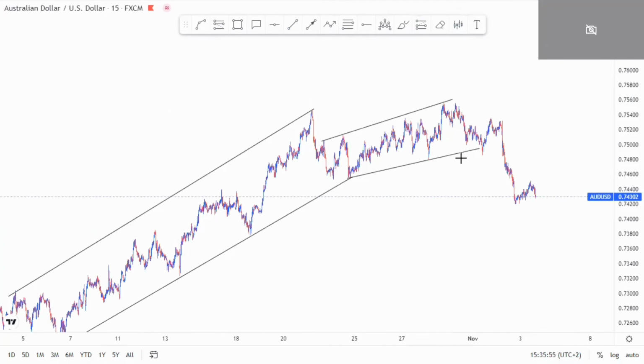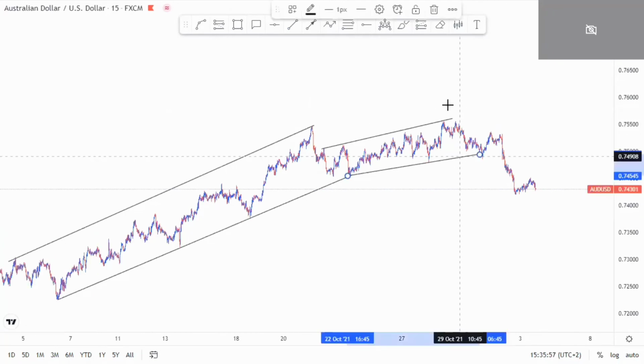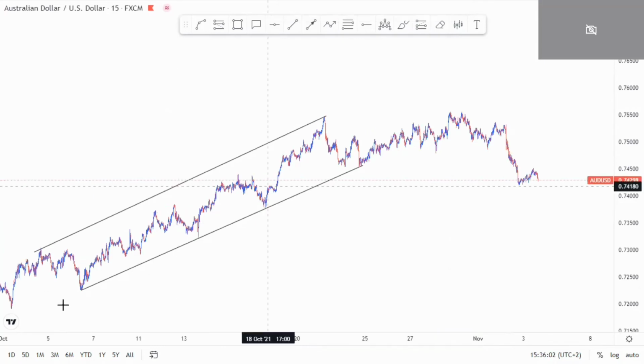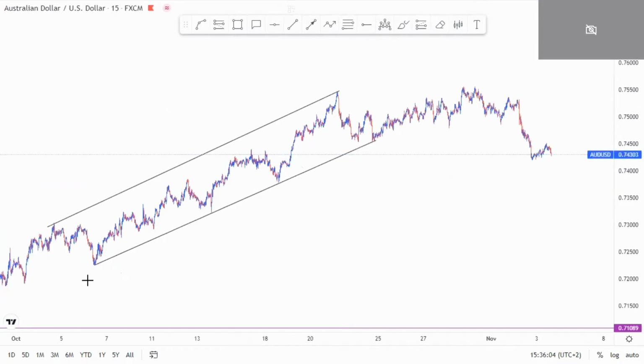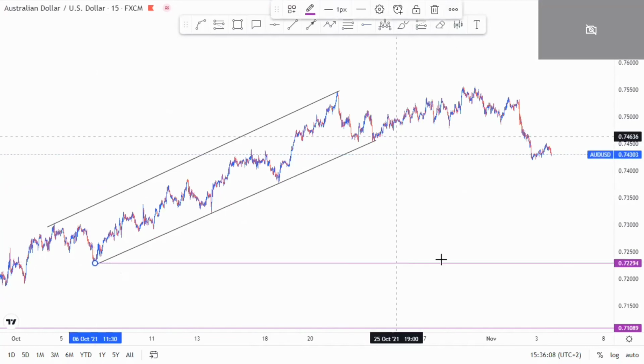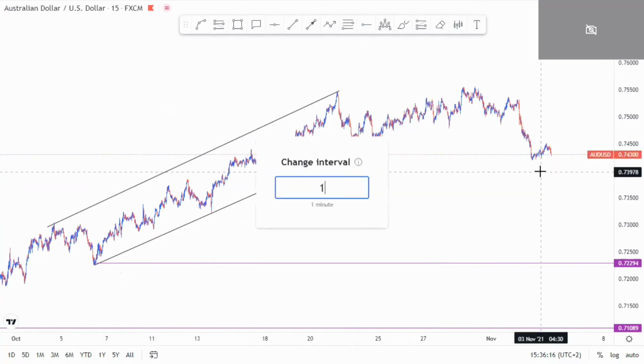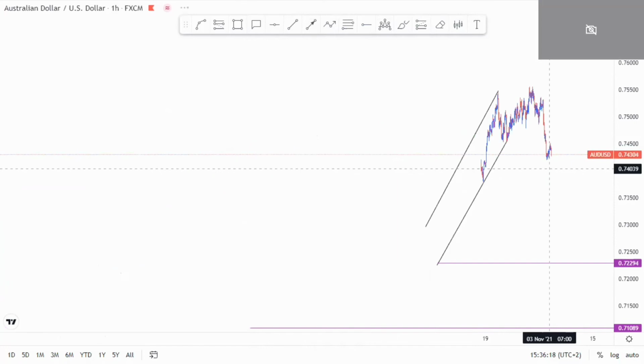Beautiful stuff. But let me erase this because we are focusing on the bigger picture, and this pattern hasn't been completed yet. For this pattern to be completed, it has to at least reach this area over here, which is corresponding with this trend line over here.